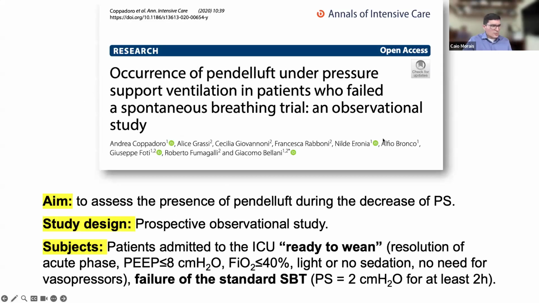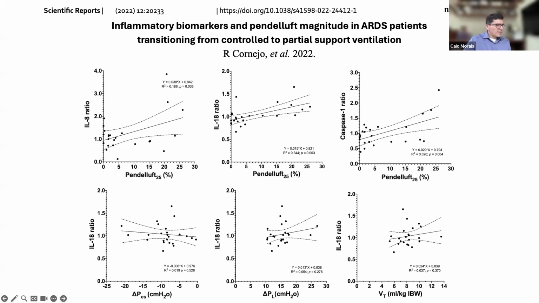But more interestingly, we found that the global parameters that we measure at the bedside, such as tidal volume, delta transpulmonary driving pressure, and esophageal pressure, are not well correlated with the biological biomarkers.